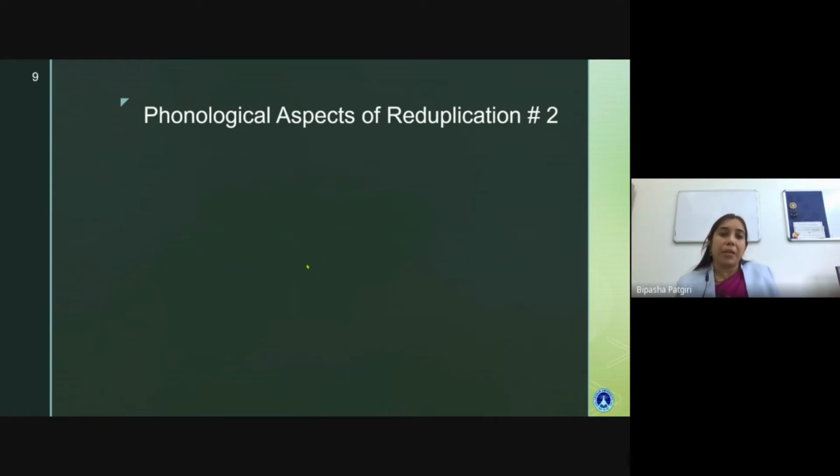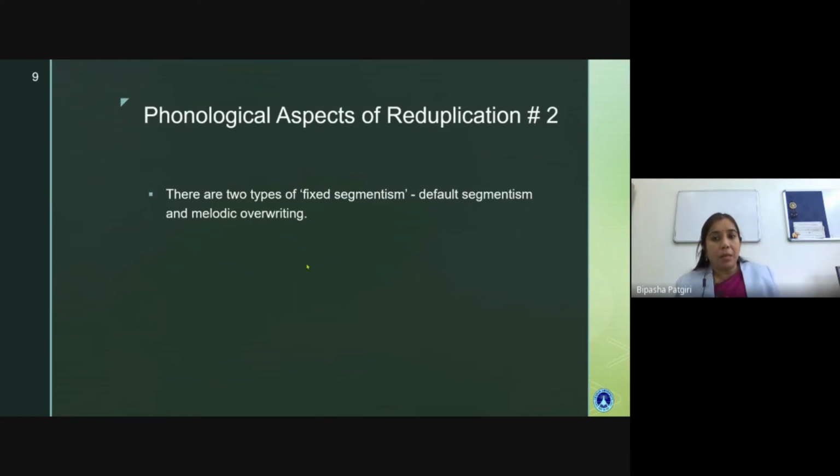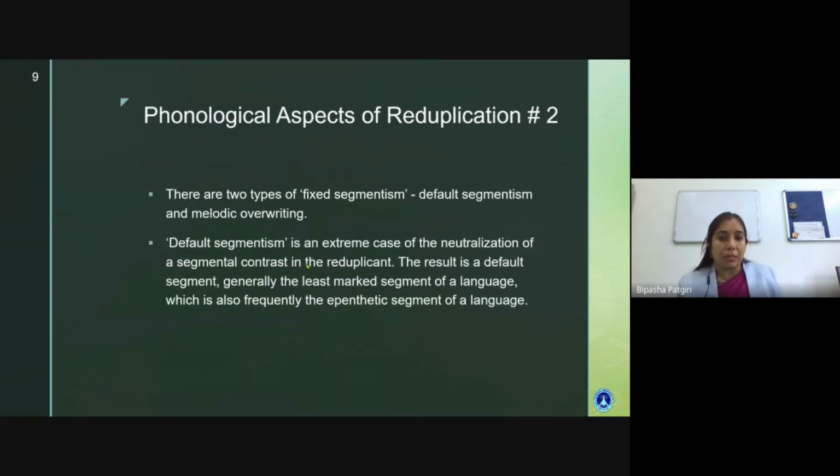The second phonological aspect is that there is fixed segmentism, and there are two types of fixed segmentism. One is default segmentism, the other one is melodic overwriting. So in some cases, there is a melodic requirement to reduplicate a particular structure. In some cases, it's just by default that certain segments are reduplicated.